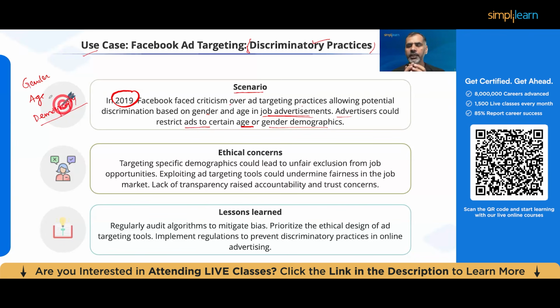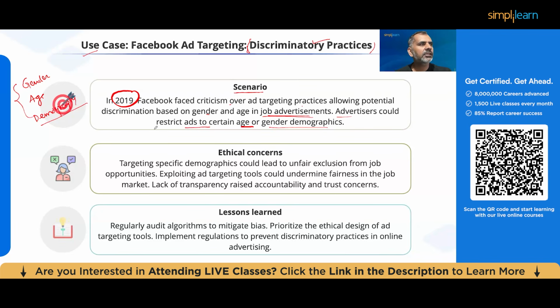You can say it's a targeted audience advertisement. It will only be visible to those users who pass these filter criteria. So this became a discriminatory practice because it was raised in 2019 by somebody that this is not right. You are not being fair while providing these advertisements or issuing the information to your end user.